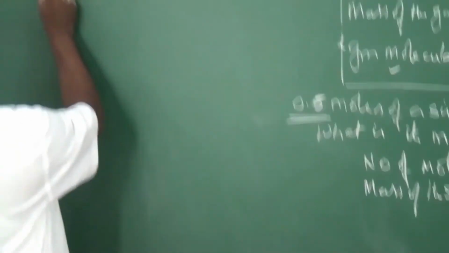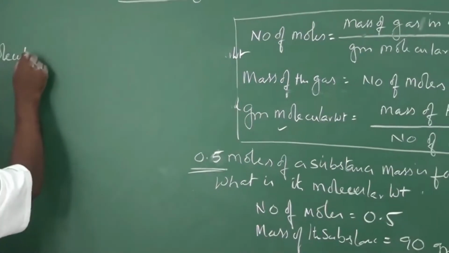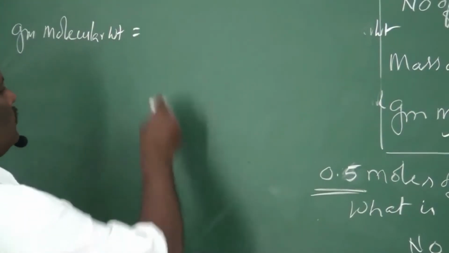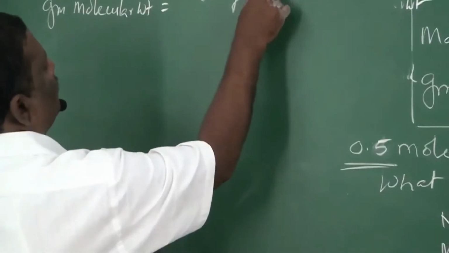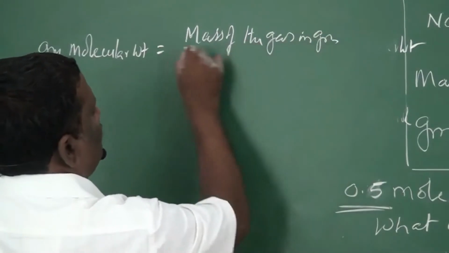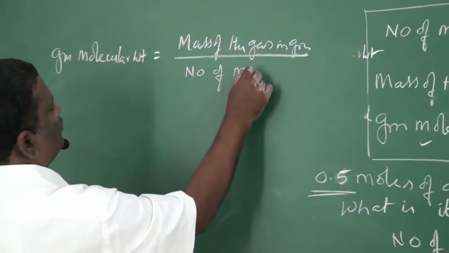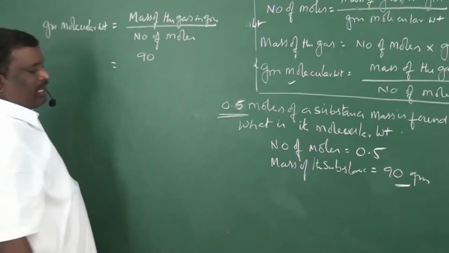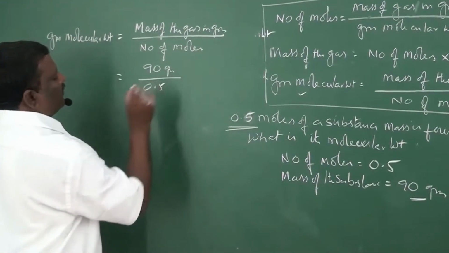So gram molecular weight of a substance will be equal to mass of the gas in grams by number of moles. Mass of the gas is 90 grams. Number of moles is 0.5.